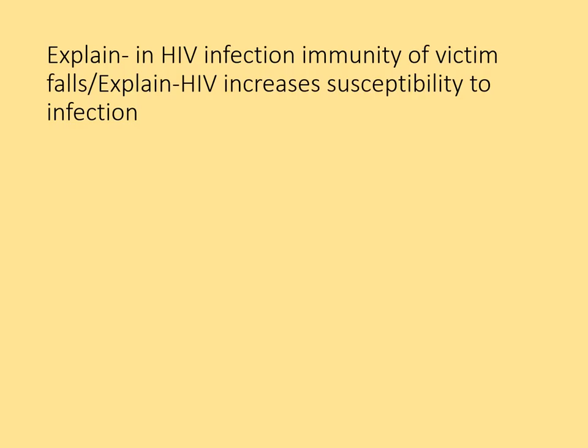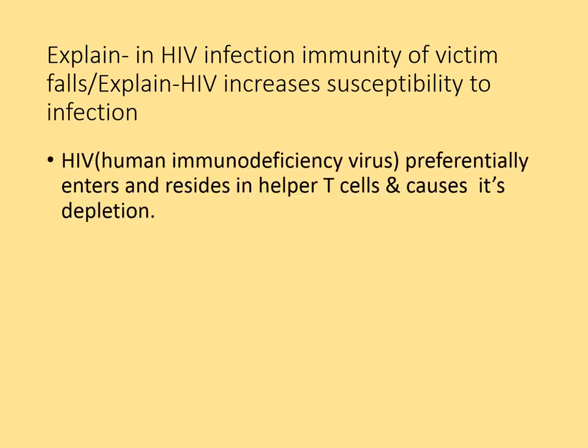Explain why in HIV infection, immunity of the victim falls, or explain HIV increases susceptibility to infection. HIV means human immunodeficiency virus, which preferentially enters and resides in helper T cells and causes destruction of these T cells.